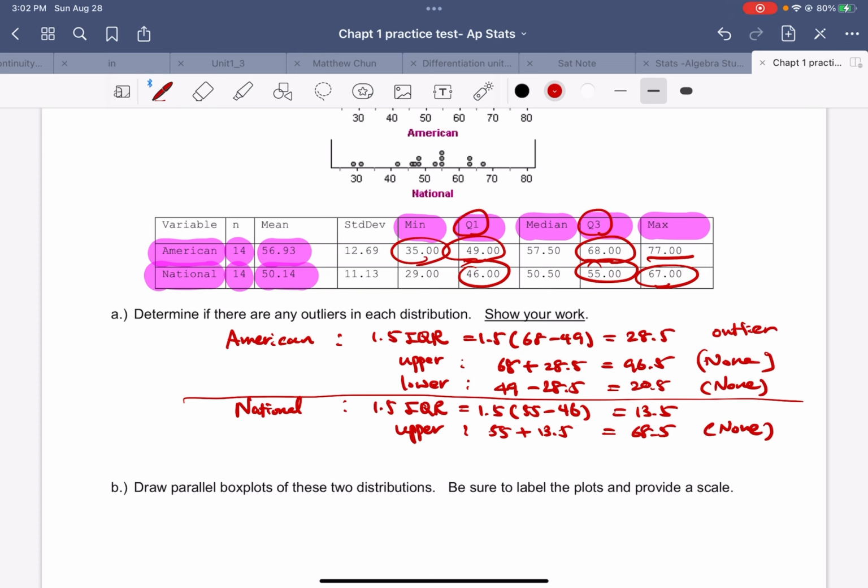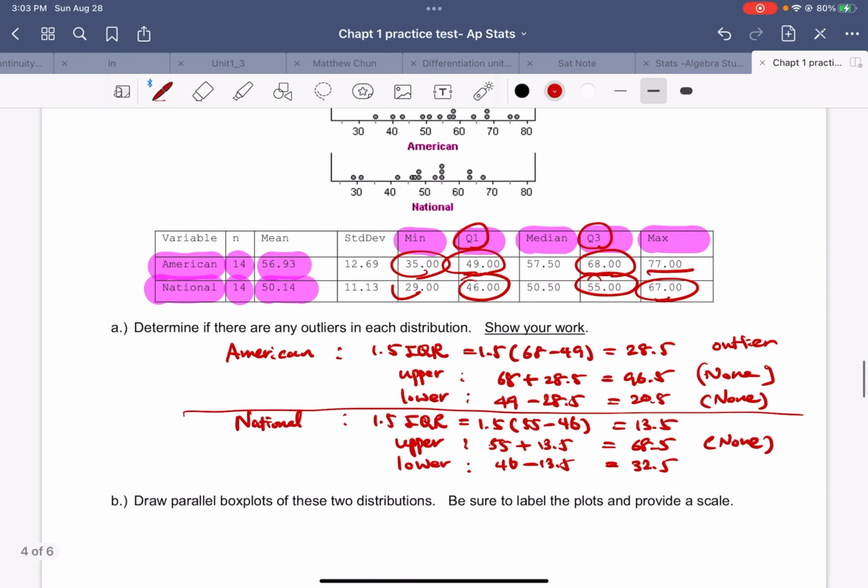Now, let's move on to the lower portion. It's basically 46 minus 13.5, and then you'll get 32.5. Any value lower than that is an outlier.